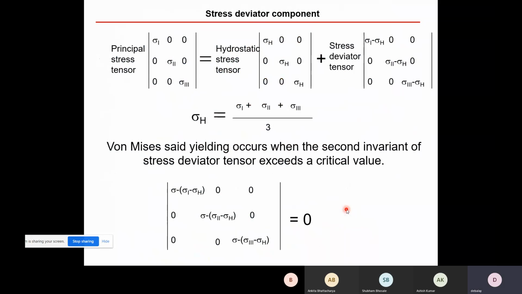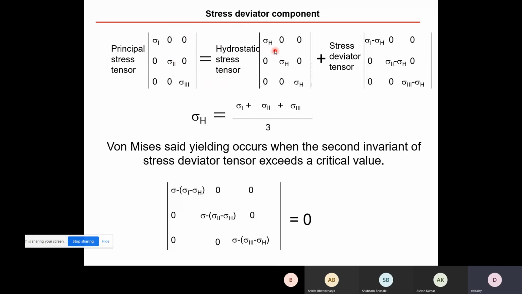I am nearing the end. The principal stress tensor can now be divided into two components, two parts. Sigma 1, sigma 2, sigma 3, with zeros elsewhere, is the principal stress tensor. The hydrostatic stress tensor is one where all the normal stresses are equal, so I can take out the hydrostatic part from the principal stress tensor.